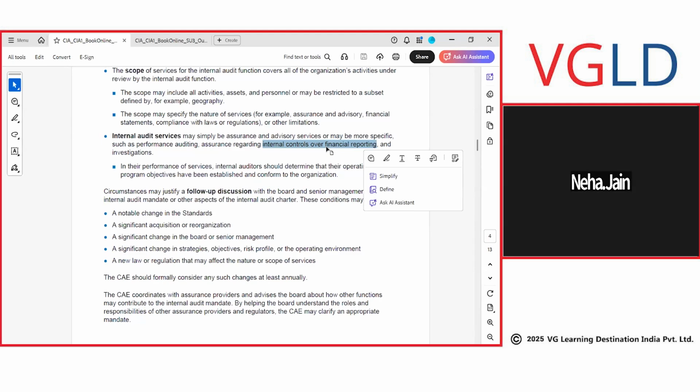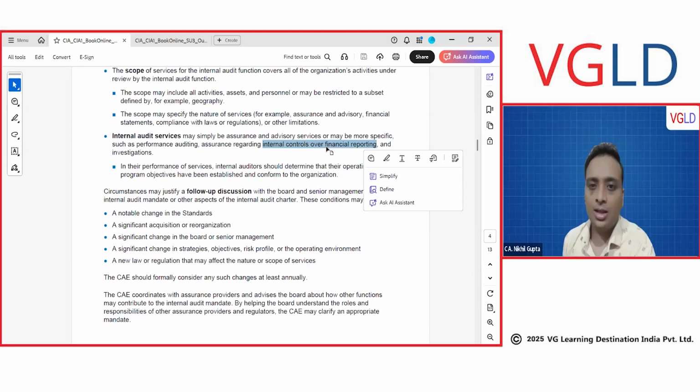Basically, you're testing the controls which directly impact your financial statements, which ultimately culminate into your balance sheet and P&L statement numbers: how those numbers are getting generated and what controls surround them. Let me give you a bifurcation.